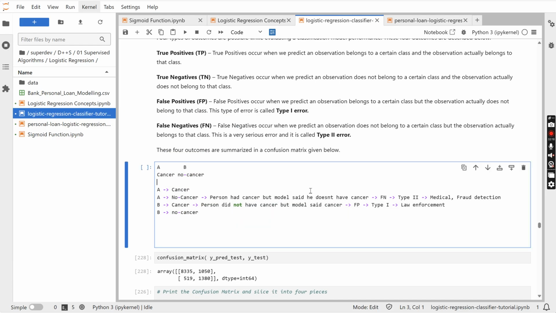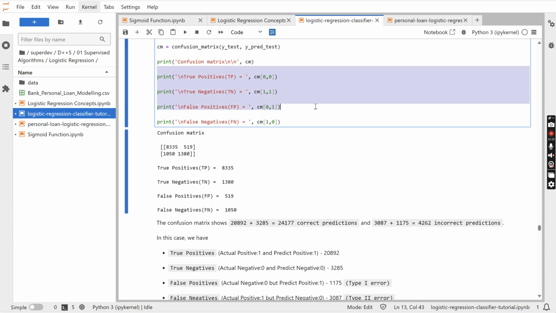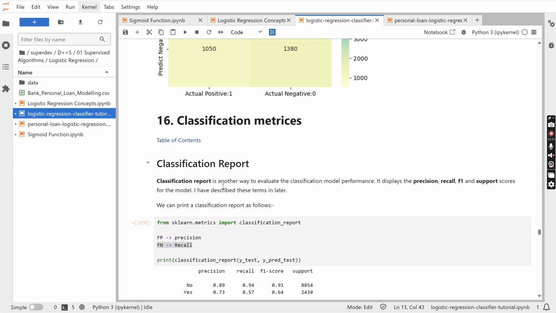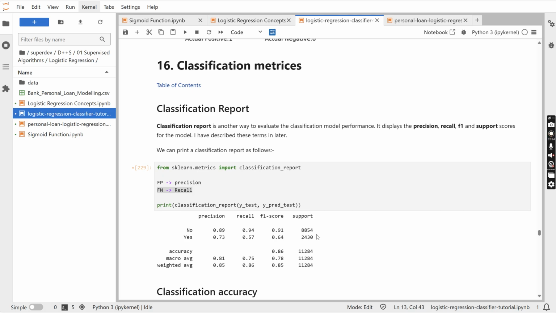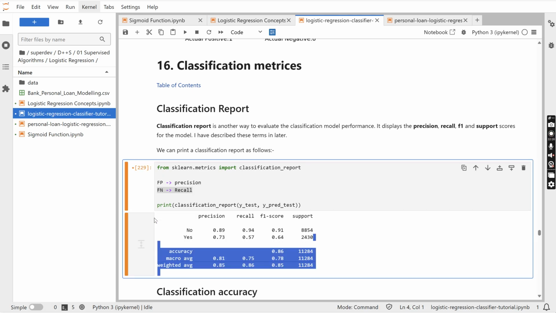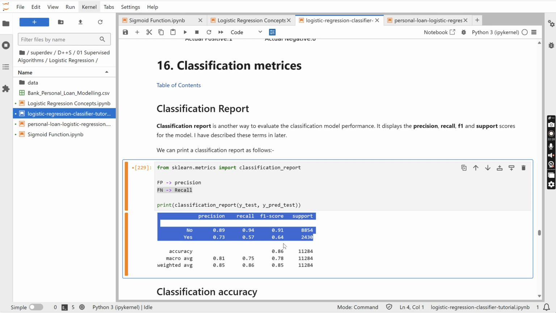Even though your accuracy score is good and your confusion matrix scores are good, your F1 is saying that your model is not doing a good job on yes cases. Hence you have to repeat the whole process again, the whole model retraining part.